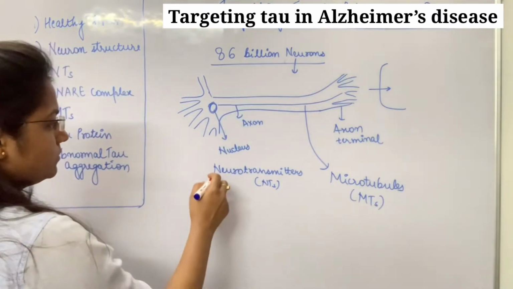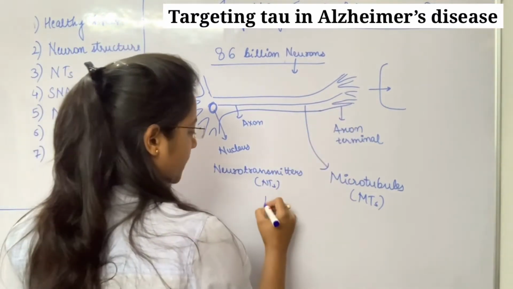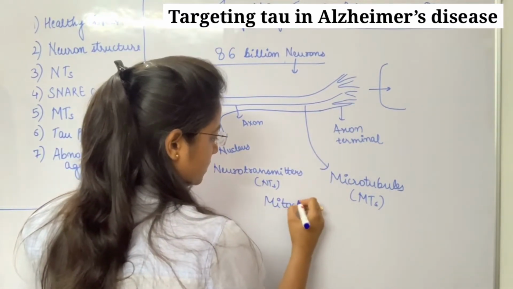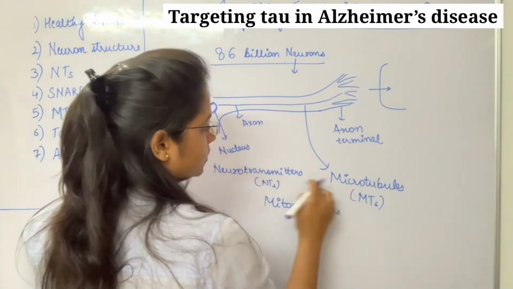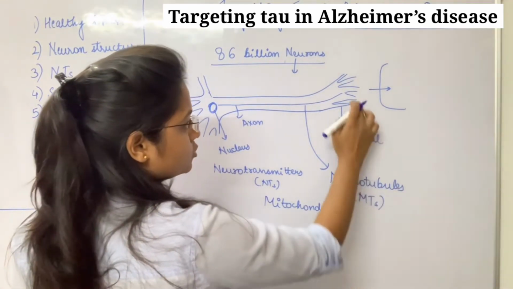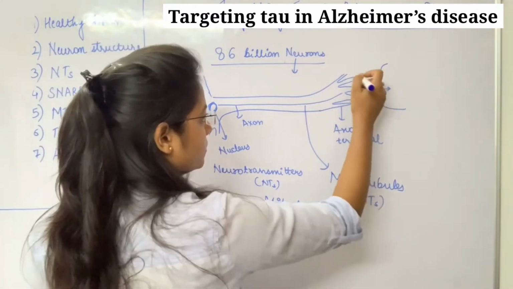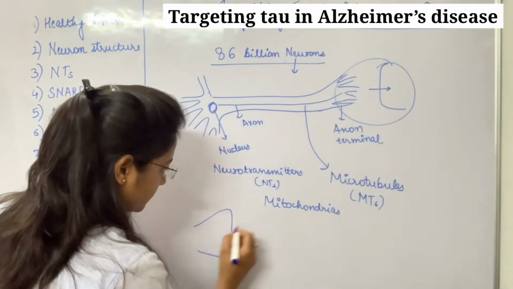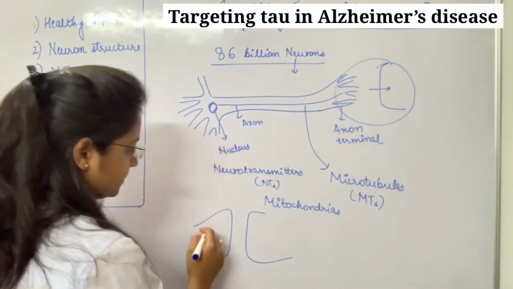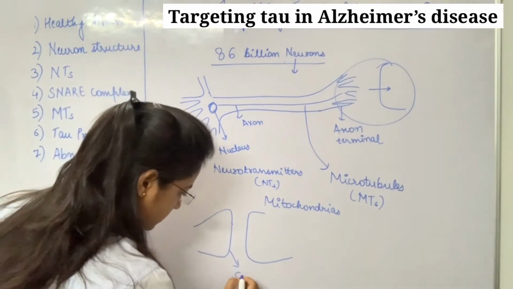Now these neurotransmitters are transmitted along with mitochondria through these microtubules to the axon end. Now I'll draw this particular structure here. For example, these are the two ends of the axons. Snare complex.